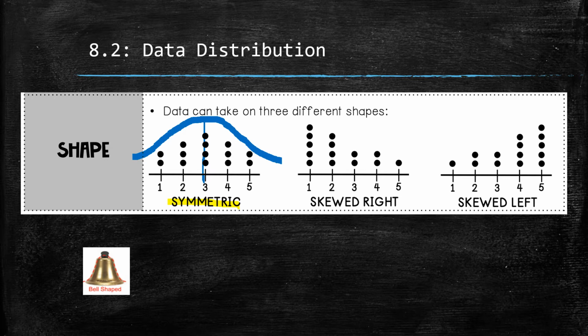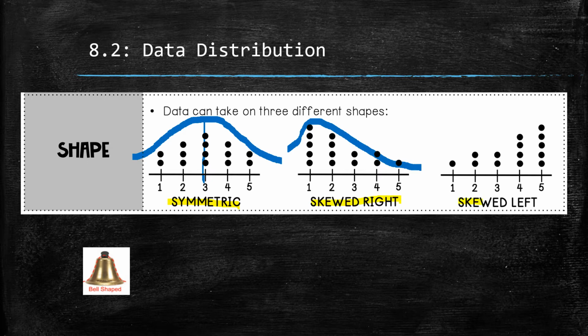When our bell curve looks like this, it's not symmetrical. This is considered skewed right. The tail of the graph extends to the right, so most of the data points are on my left side.